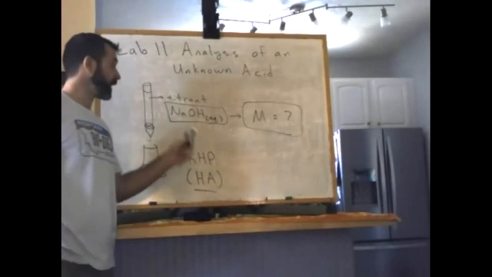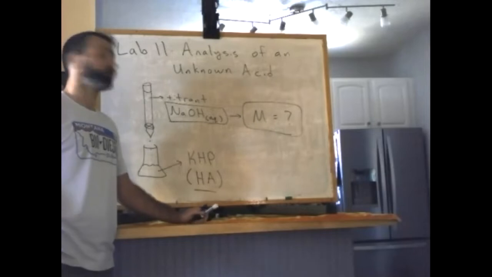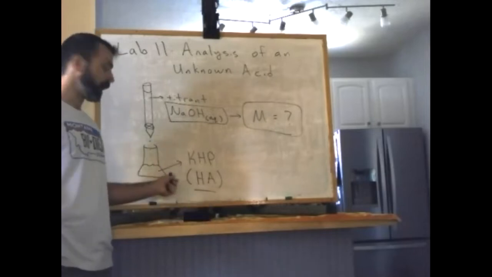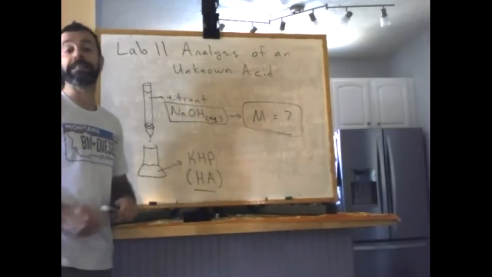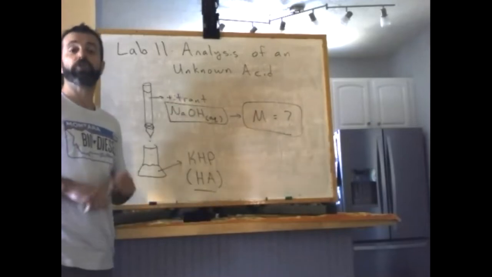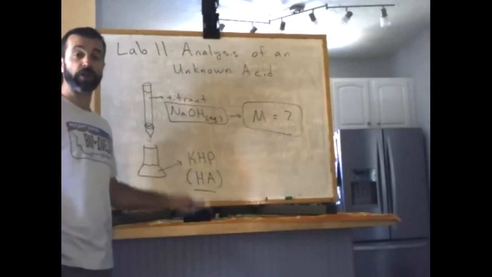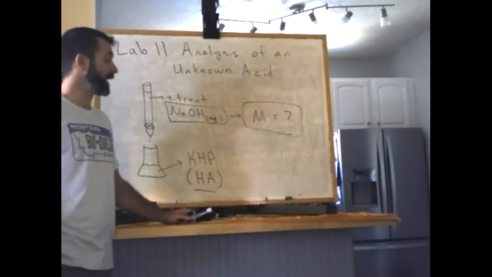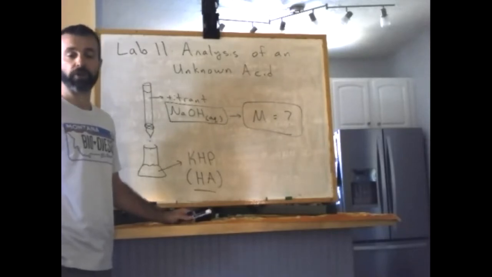Once we determine the concentration of sodium hydroxide, in week 2, we're going to use our sodium hydroxide to figure out the unknown concentration of some unknown acid and figure out the identity of some unknown acid. So week 1, we're accurately determining the concentration of sodium hydroxide using a titration. This is known as standardizing our sodium hydroxide.